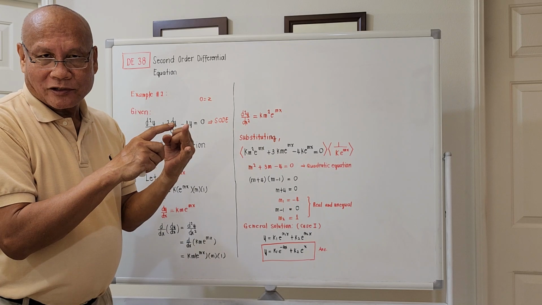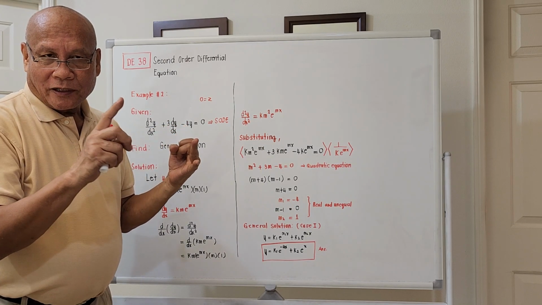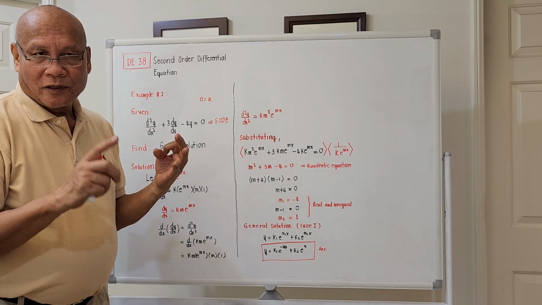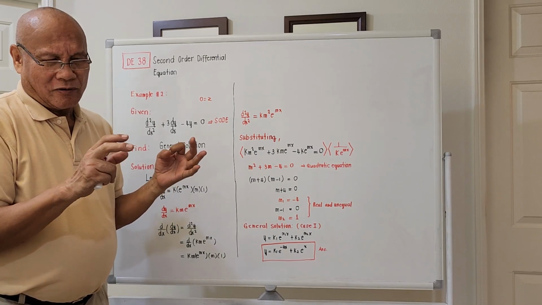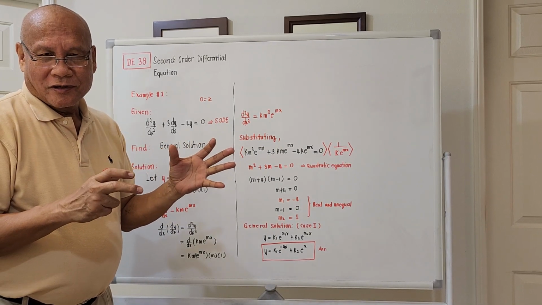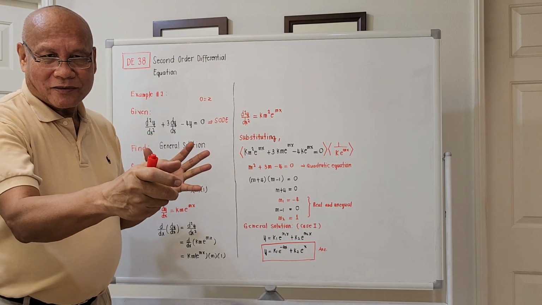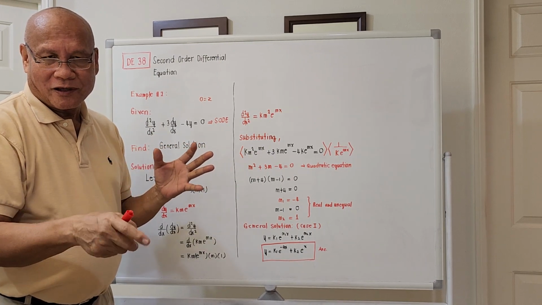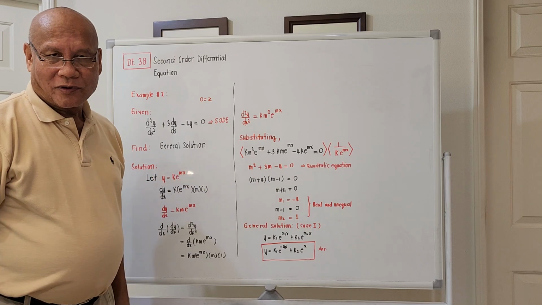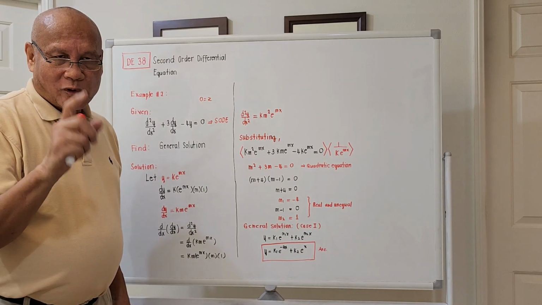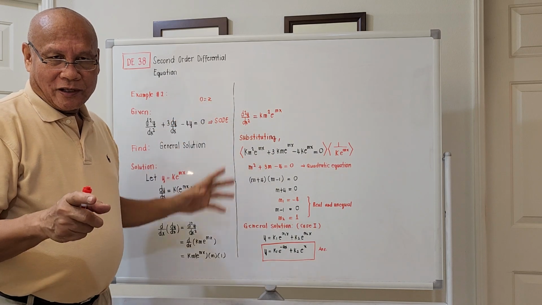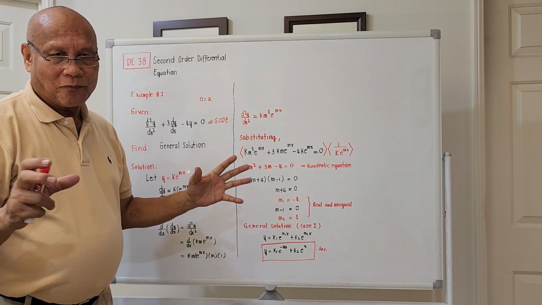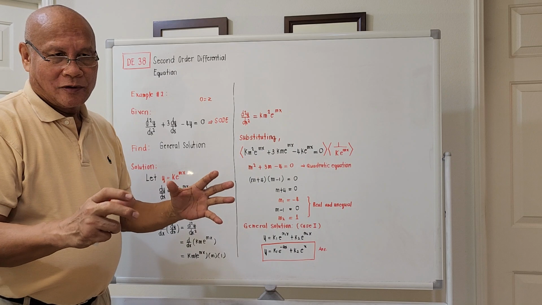And under case number 3, if the roots are complex numbers, alpha plus j beta and alpha minus j beta. That is the worst case scenario under second order differential equation, meaning the solution is actually a complex equation.